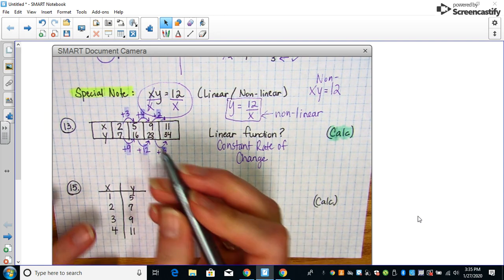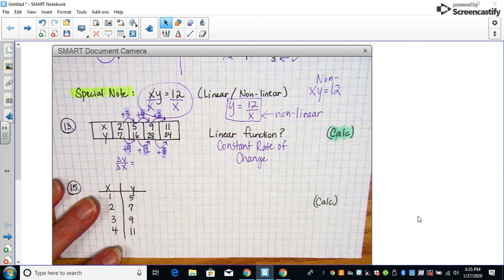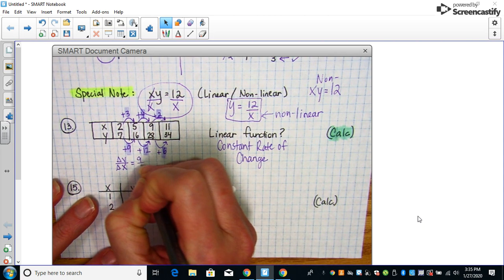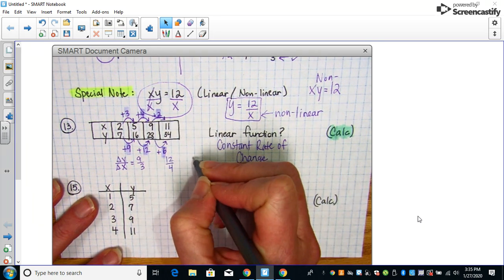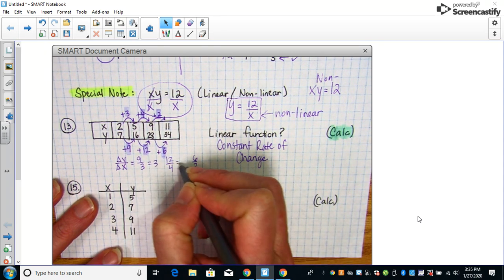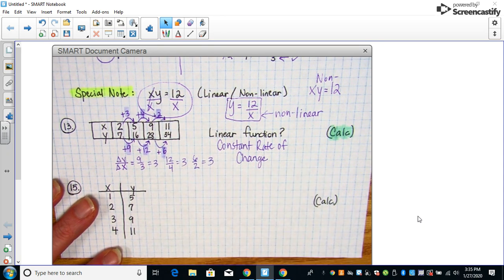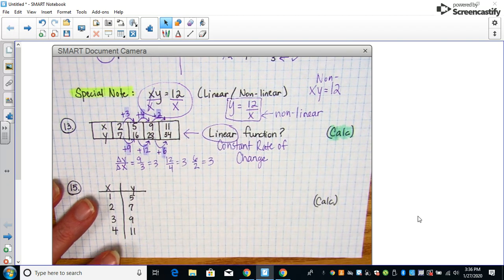So I'm going to put the change in the y's over the change in the x's to see if we have a constant rate of change. That's 9 over 3, or 12 over 4, or 6 over 2. Well, what do you notice about all those fractions? They all equal 3. Therefore, the change in the y's and the x's is proportional, so it is a constant rate of change. So yes, this is linear, although at first sight it looks nonlinear.